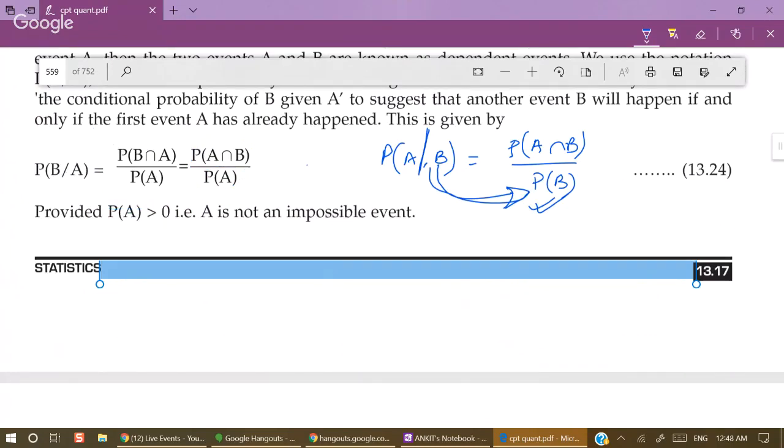And if probability of A is 0, then how can we say P(B given A)? Given A is impossible then, because A is an impossible event, that means it cannot occur. So how can we say P(B given A)? Anything which is in the denominator can never be 0.